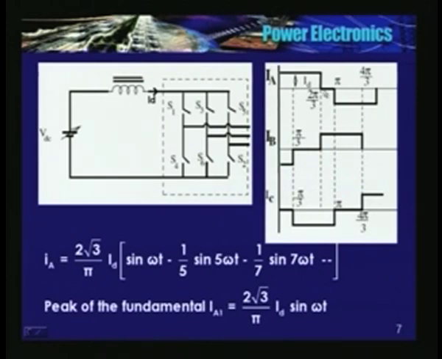So what happens? If there is an inductive load, what sort of a voltage waveform will there be? Or the question is, can you realize this sort of a current waveform if there is an inductor? Answer is no, because it will create a large voltage spike.